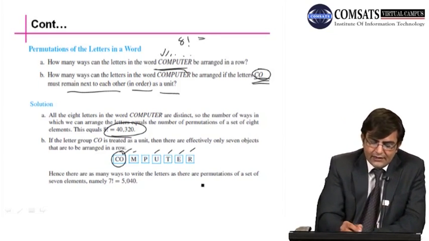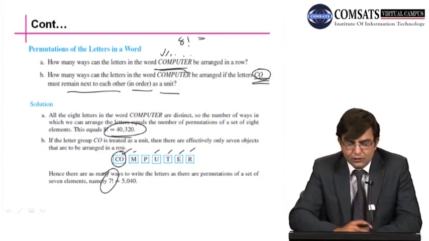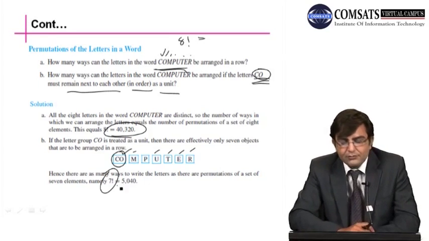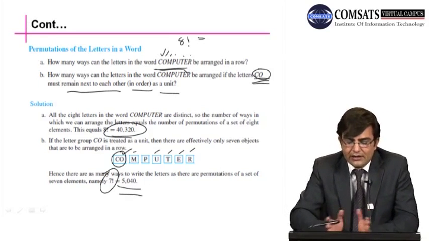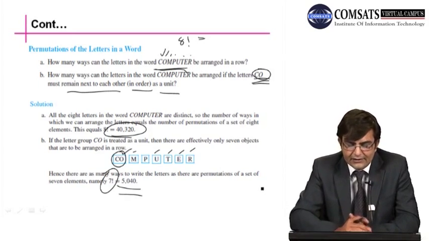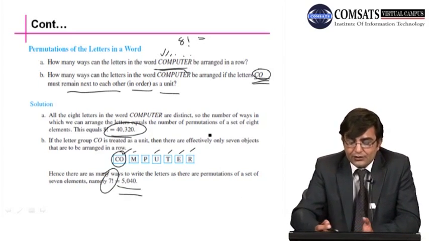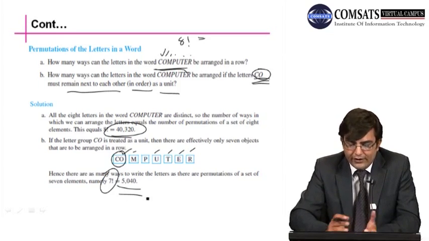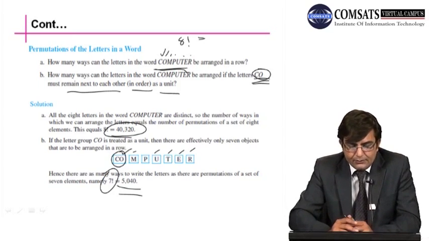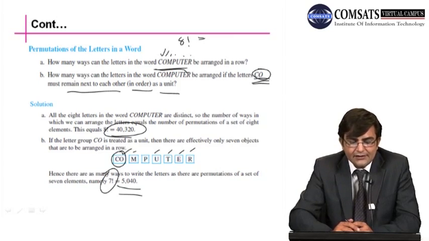So in this case we have 7 factorial, which is 5040 possible ways we can arrange the letters, you can say that MPUTER and CO we can write in different ways. So this is basically the permutation, and we'll discuss it further in the next lecture.